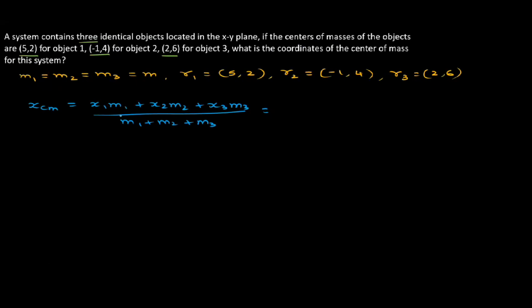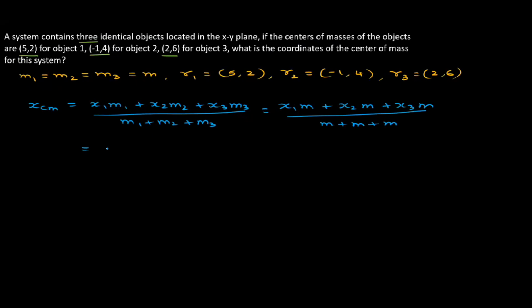Now in this particular situation, the masses are equal. So I can write this m1, m2, m3 as just m. So we reduce the equation as x1 m plus x2 m plus x3 m divided by m plus m plus m.